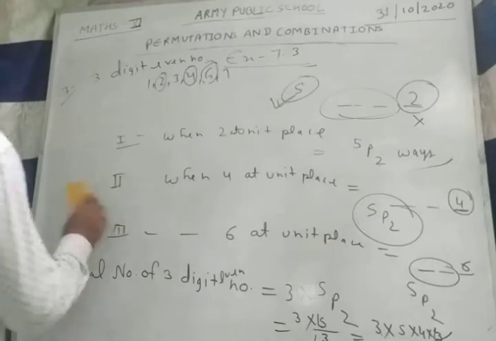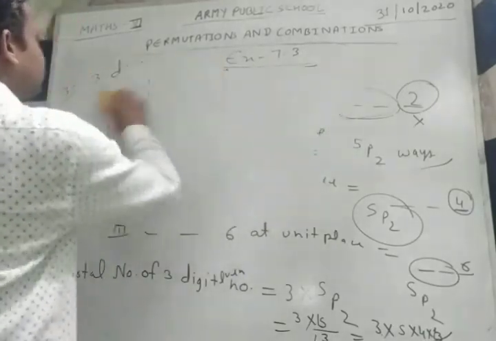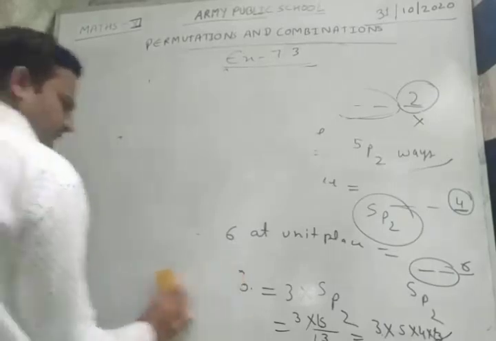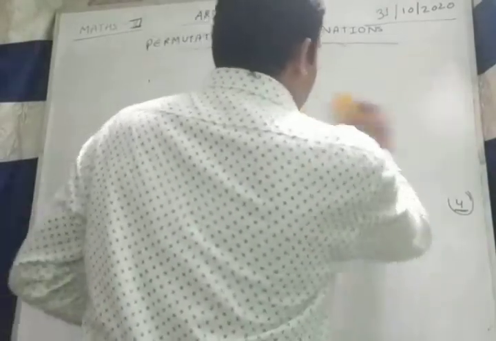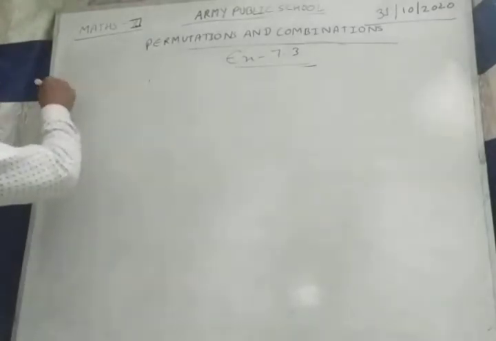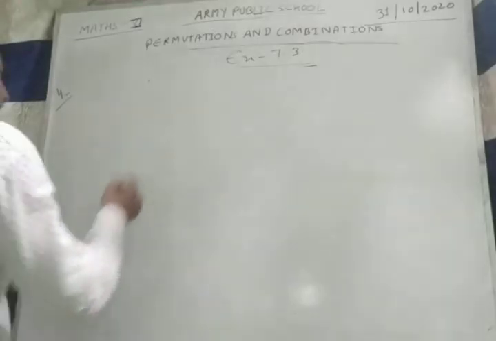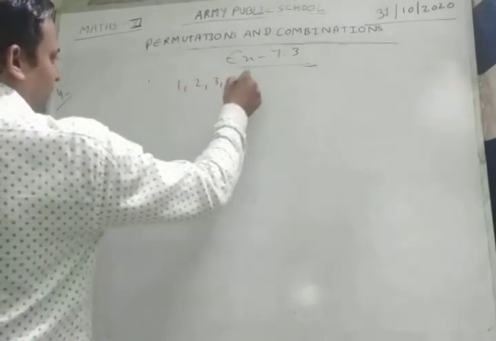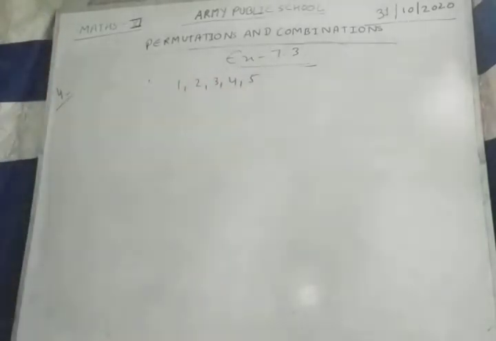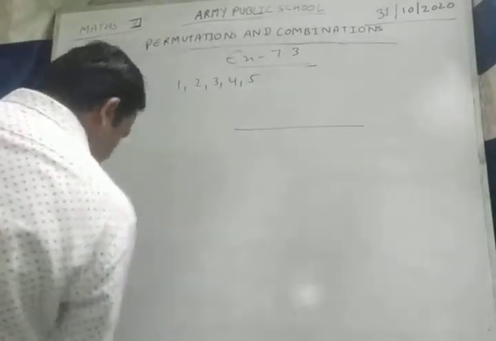Now we will see the next question. Question number 4. Find the 4-digit numbers that can be formed using the digits 1, 2, 3, 4, 5 if no digit is repeated.